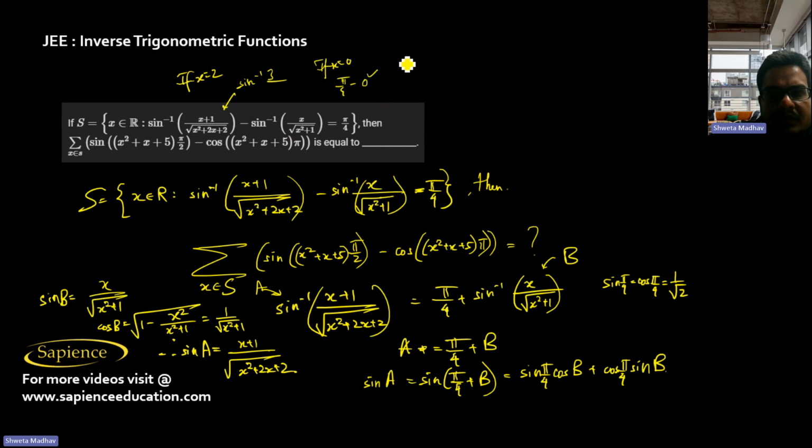And if x is minus 1, then this will become 0, sine inverse 0, that is 0, minus, this is minus 1 by root 2. So this will be minus minus, plus sine inverse 1 by root 2, that is pi by 4. Yeah, then also this equation will be satisfied.